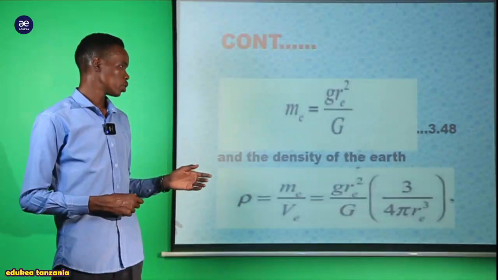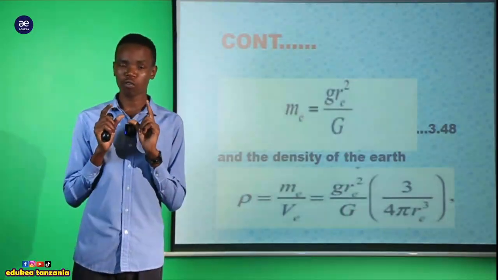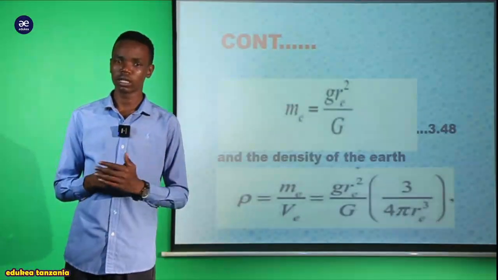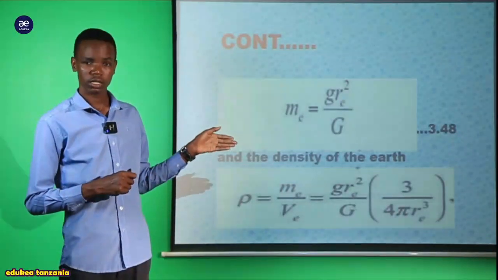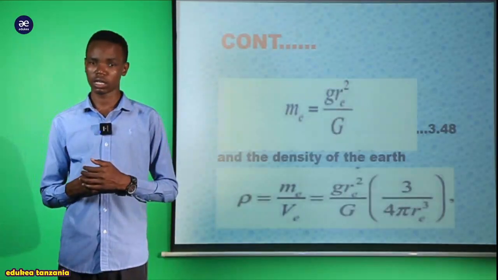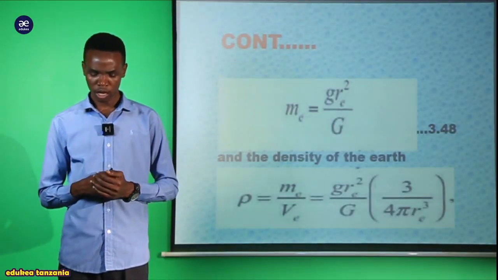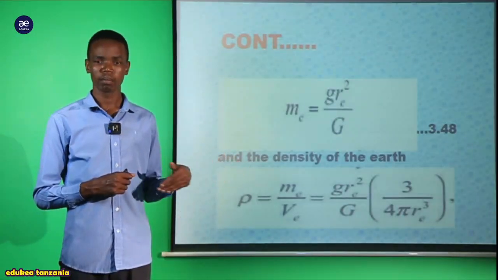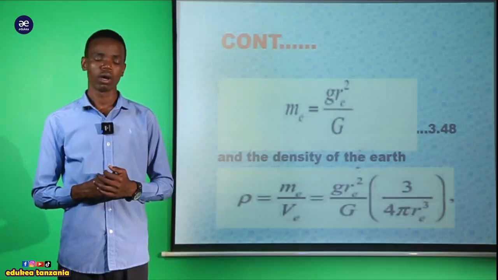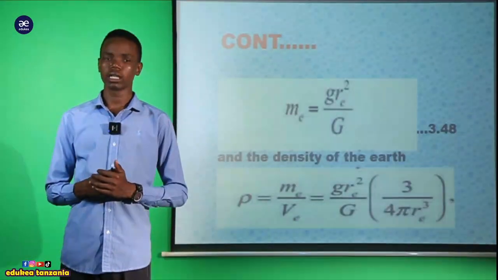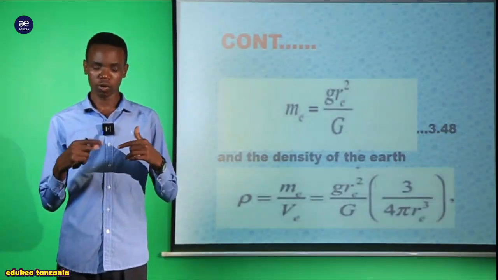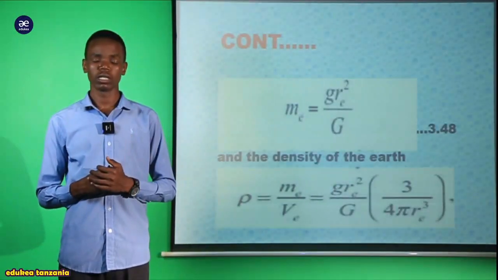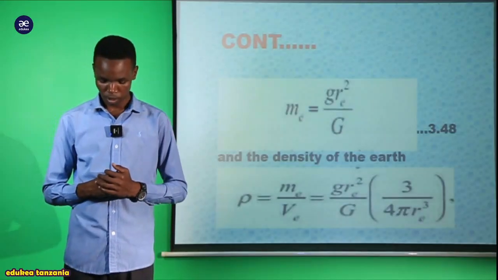If we divide it, we should obtain that the mass of the Earth, my dear student, should be equal to g Re square divided by the capital letter G. But the small letter g here represents the acceleration due to gravity, while the Re represents the radius of the Earth. But the capital letter G here should represent the universal gravitational constant.